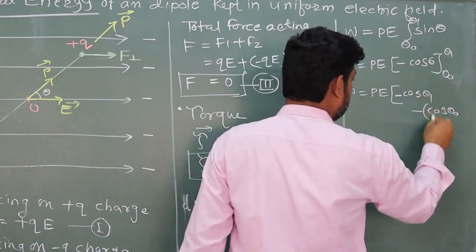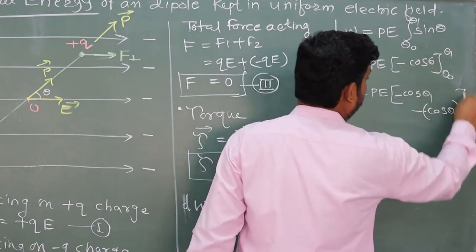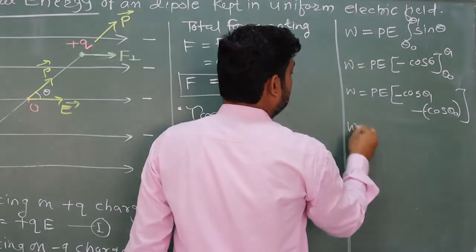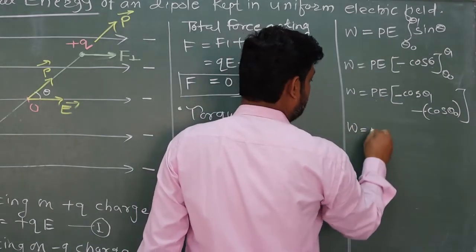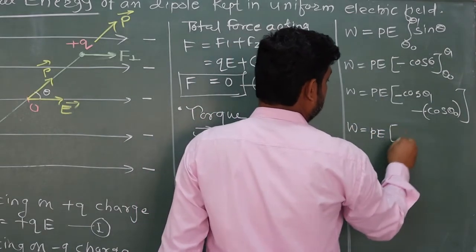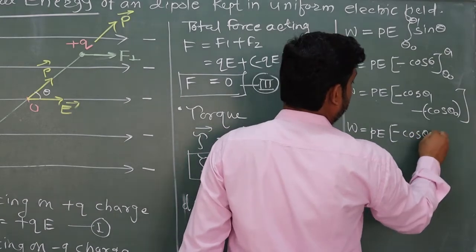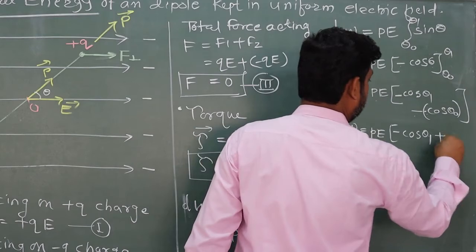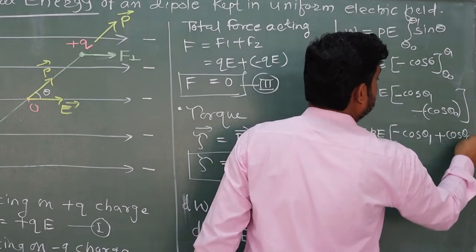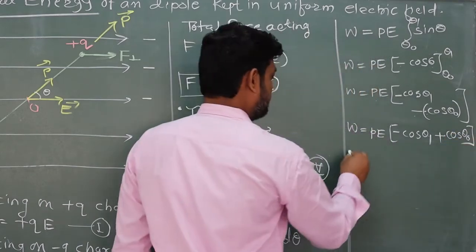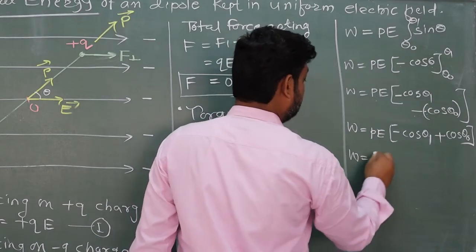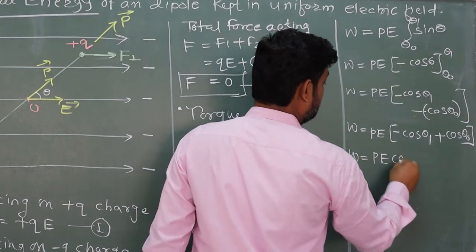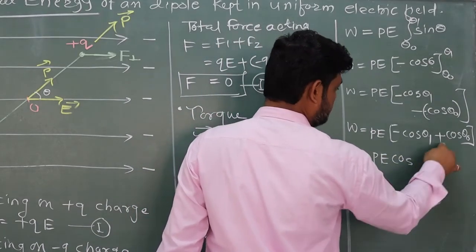So W equal to p e remains as it is, minus cos theta 1, and this minus becomes plus, plus cos theta 0, right? So W equal to p e cos theta 0.